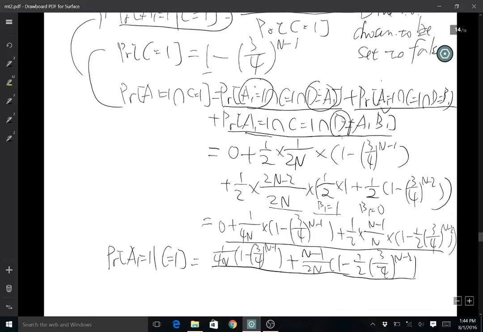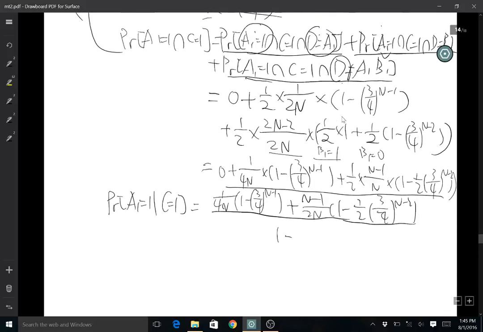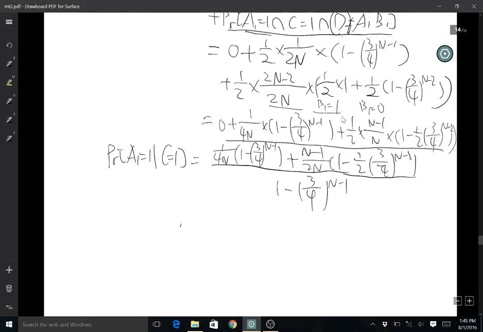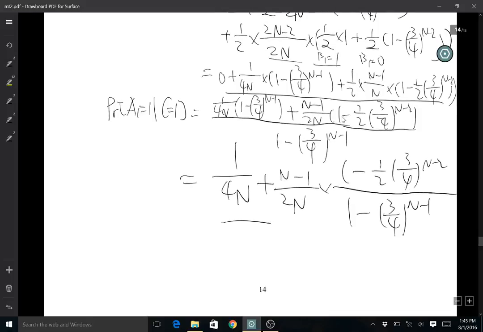And the denominator is here. So 1 minus 3 over 4 to the power of n minus 1. Okay, so eventually this will give us the first thing, 1 over 4n, and the second thing, n minus 1 over n times 1 minus a half times 3 over 4 to the power of n minus 2, over 1 minus 3 over 4 to the power of n minus 1. Okay, so this is the final result.